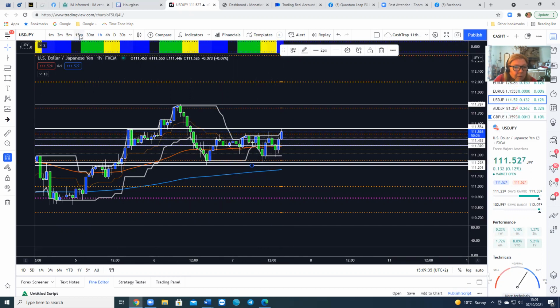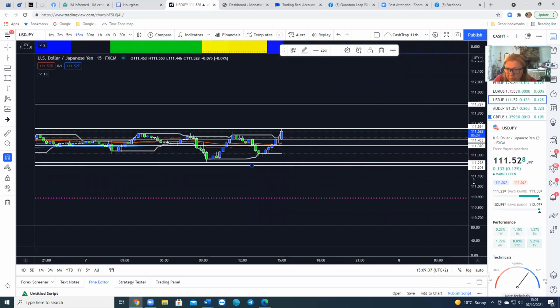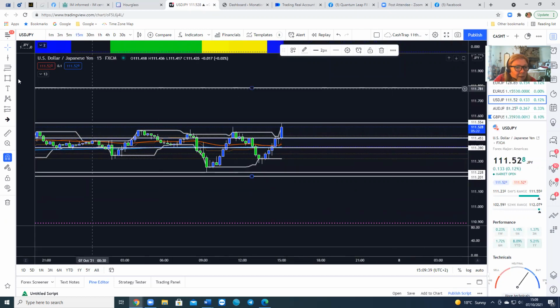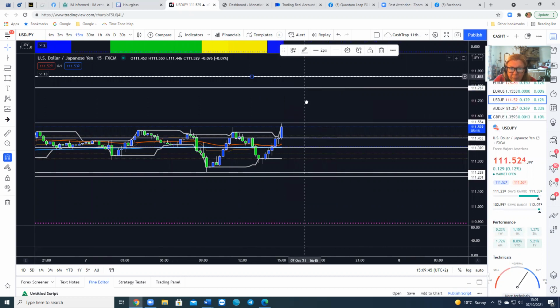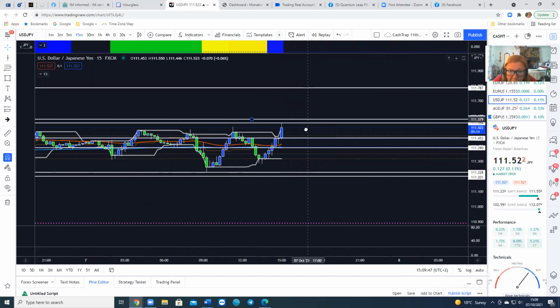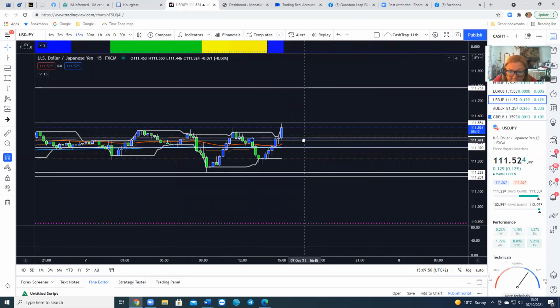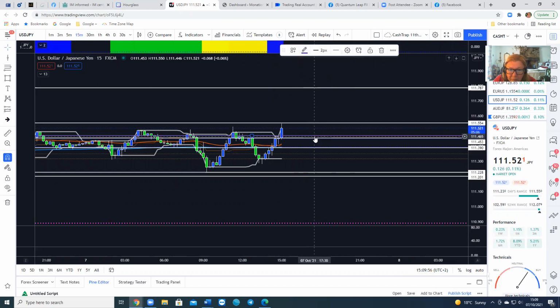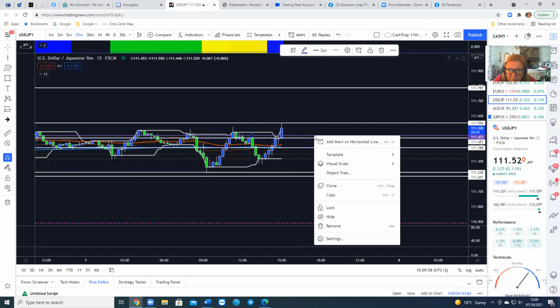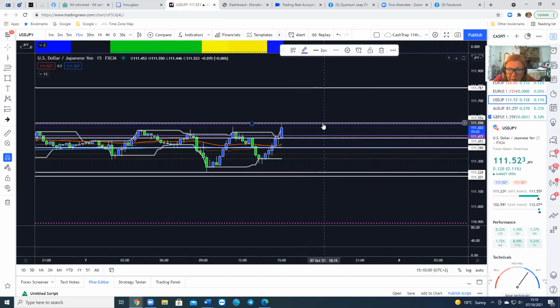And come down to the 15-minute, and I like to put the lines on here. So I'll just clone that. And we can't put one on the previous one, it's too small. Not enough wax on the candle, as we say. So I'll just mark the one before that and clone that to there.